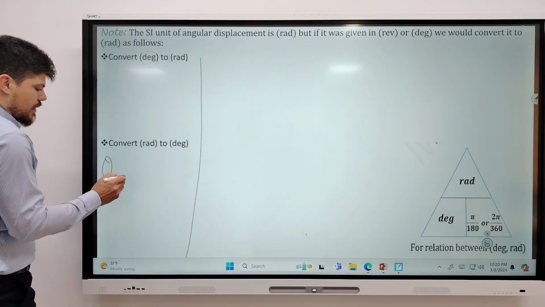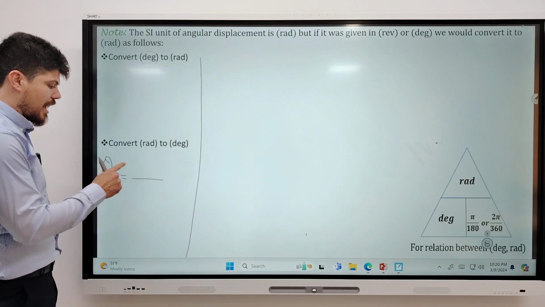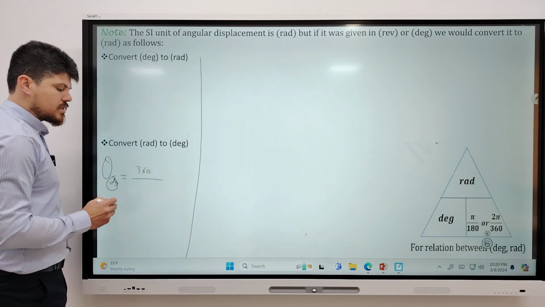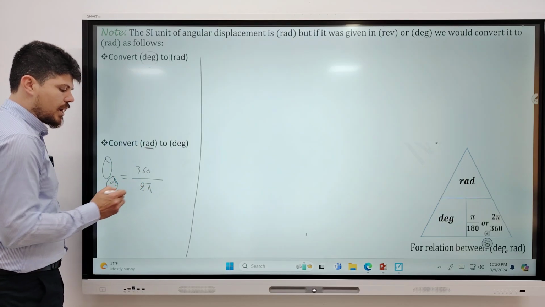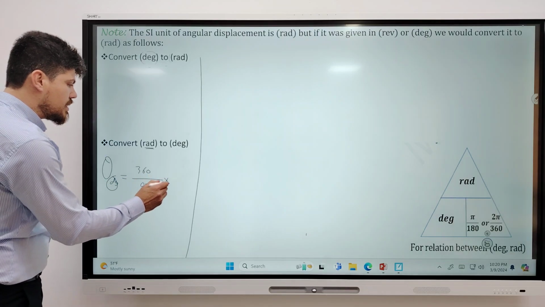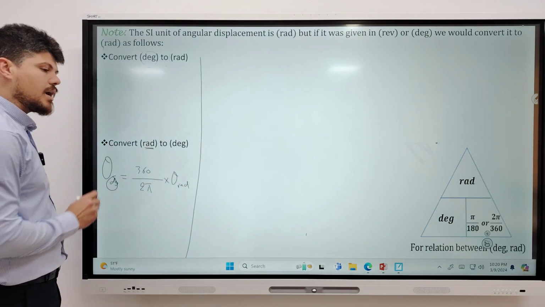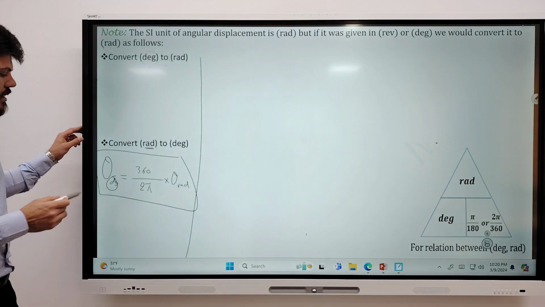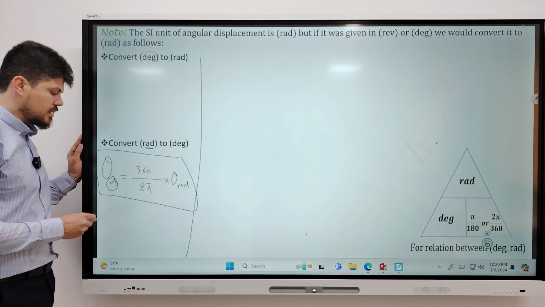Theta in degree. So what is unknown? Angular displacement in degree. So you have to write in the numerator degree. 360 over what? 2 pi times theta in what? Theta in rad. In this way, you can convert theta in rad to theta in degree.